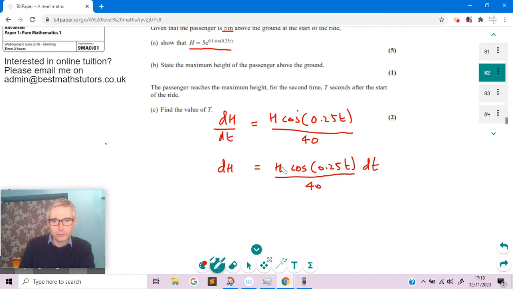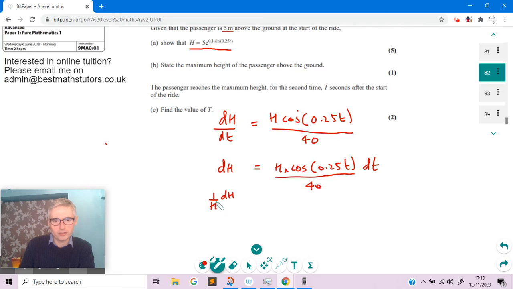In fact, anything with h in it, I'm going to try and get over to the left-hand side with the dh, and anything with a t in it, I'm going to leave on the right-hand side. The h here is in the numerator, multiplying the cos, so if I divide by h, I end up with 1 over h dh.